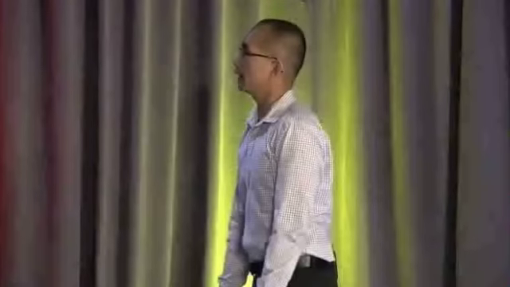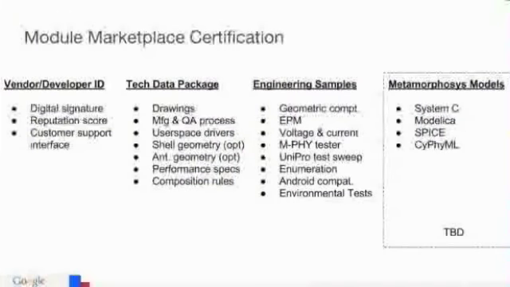And finally, the details of the module marketplace are still being worked out. But as a condition to entering the marketplace, we think there will be some minimal certification required. This chart includes a laundry list of all the types of data that we think you might need to provide to Google. Starting on the left side, these are items that pertain to the fact that you will have a business relationship with Google.